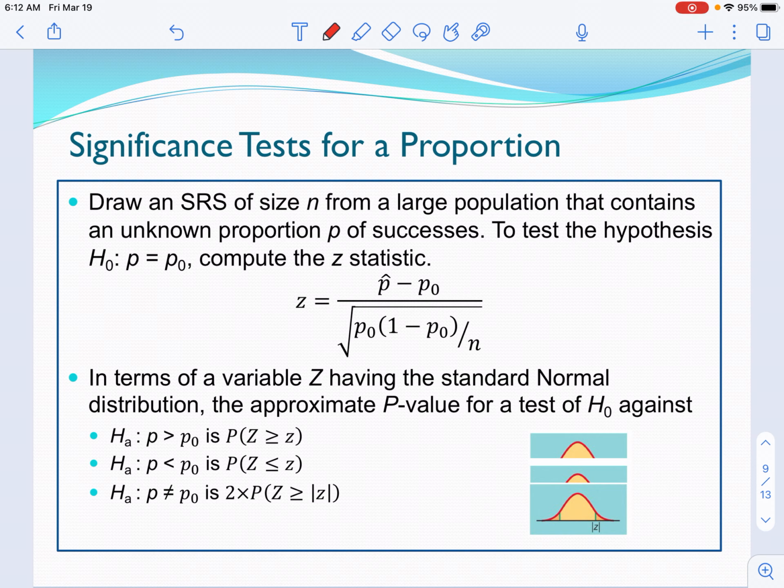Lastly, for our significance test, remember, most recently we've been working with a null hypothesis when we're comparing two populations to each other. The null hypothesis has one mean equal to another mean. Well, we're going to go back to our one sample procedures where we were looking at a null value, and that null value is represented by p sub 0.